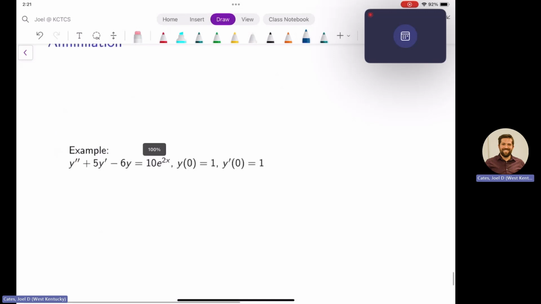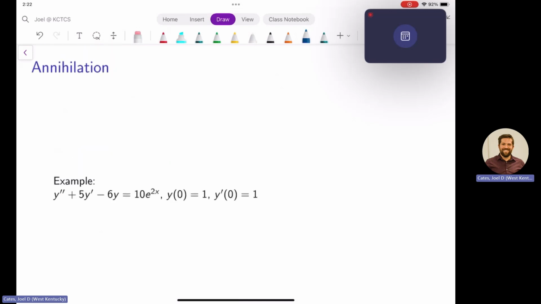Again, let's go to the complementary solution. That means that we're setting y double prime plus 5y prime minus 6y equal to 0. And we're using y is equal to e to the mx to help us out with this because we have constant coefficients.